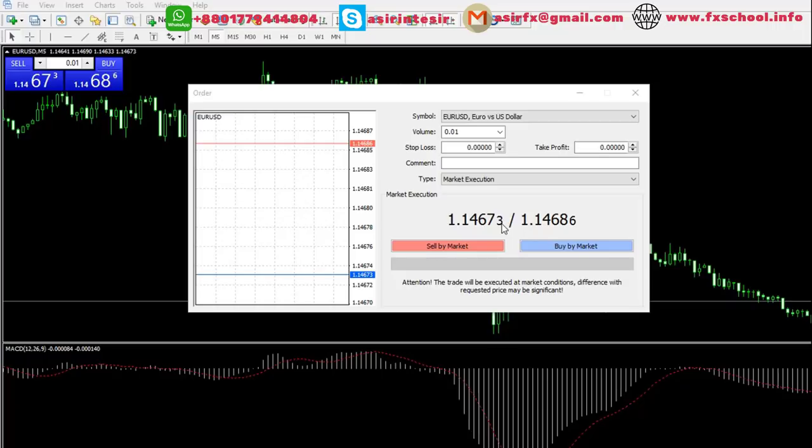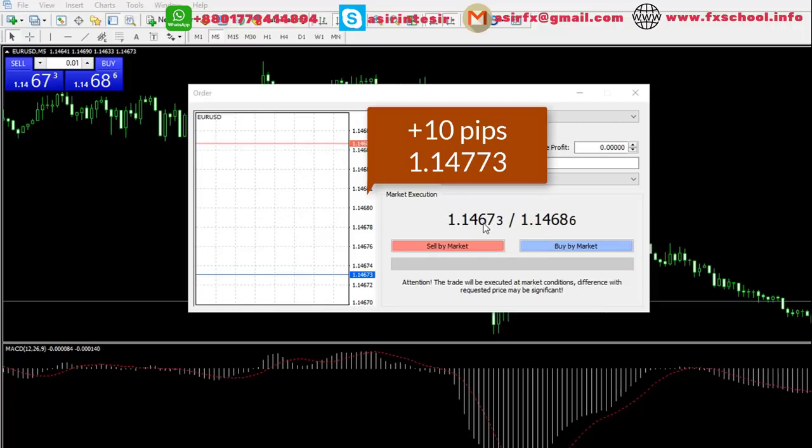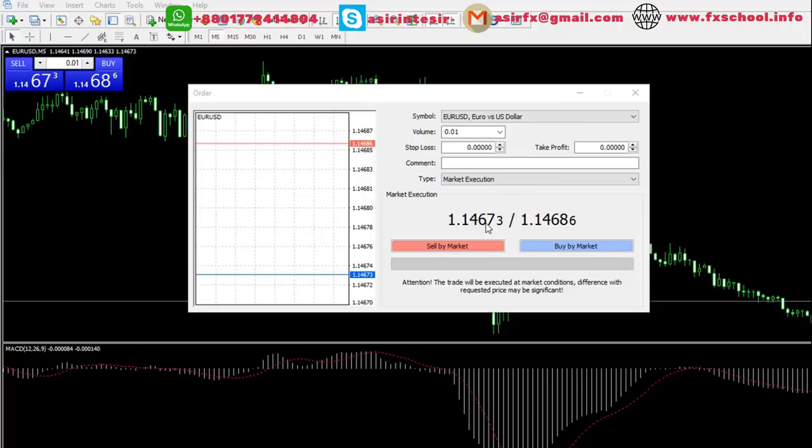So if someone tells you that you have to set your take profit or stop loss at 10 pips, it means if it is take profit, or if you want plus 10, then 1.4777 will be 10 pips plus. And if you want 10 pips minus, then it will be 1.1457, it will be 10 pips minus.